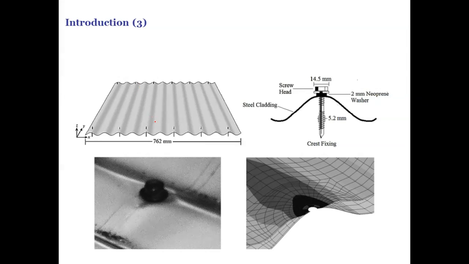In a typical construction project found in Australia, we have this kind of roof cladding. We have this kind of fasteners. We use these fasteners to fasten this roof cladding to roof battens. And this is a realistic picture of roof cladding in place.